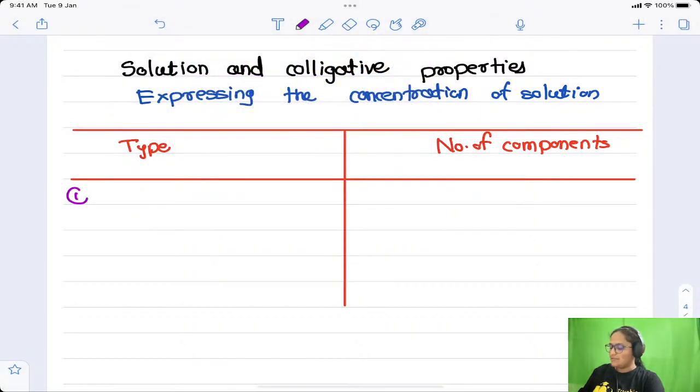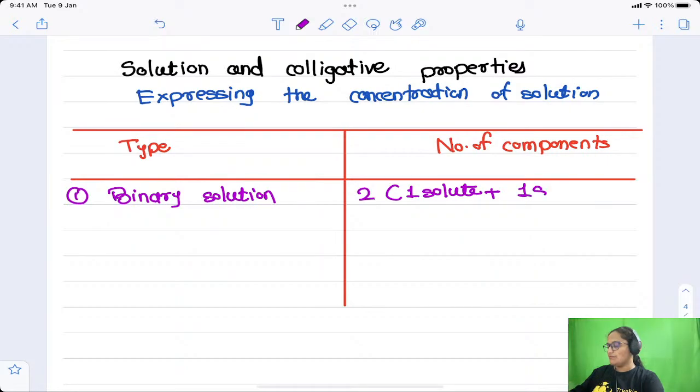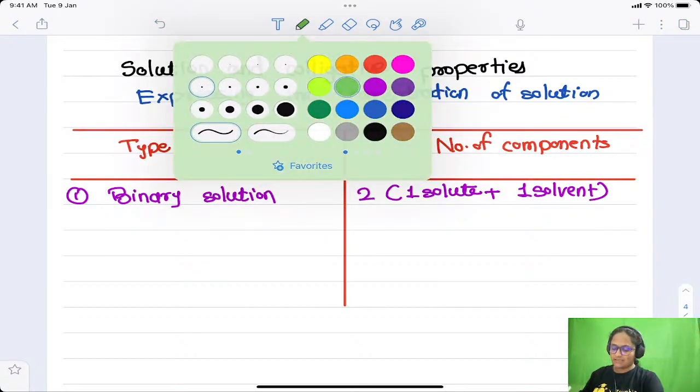First type is a binary solution. Bi stands for 2. So in a binary solution there are two components: one solute plus one solvent. Solute is the component which is present to a smaller extent. Solvent is present to a larger extent.